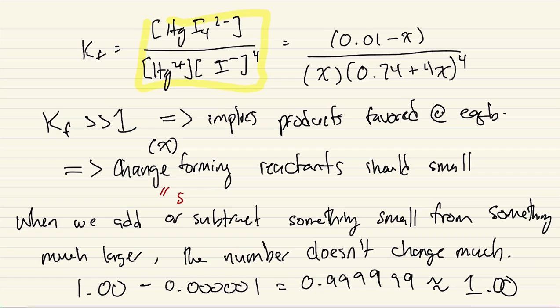So this is what allows us to make the small x approximation. Since this doesn't hardly change the number at all, it allows us to then simplify this expression, right? Because this is being added to something much larger, and this is being subtracted from something much larger.